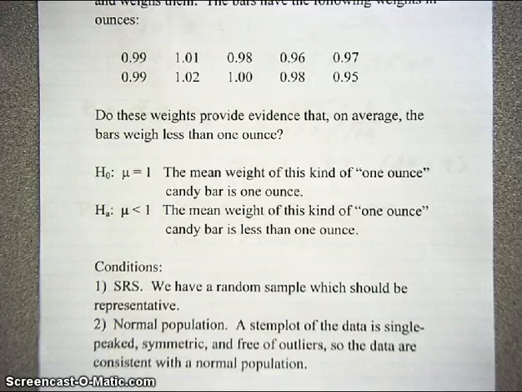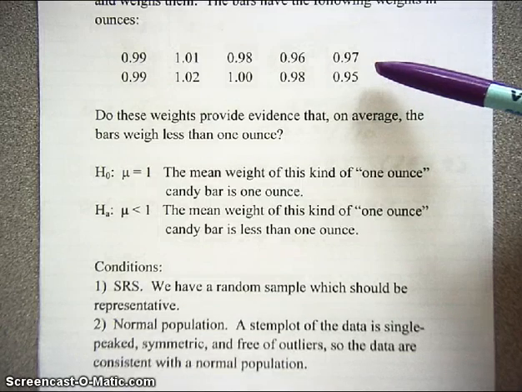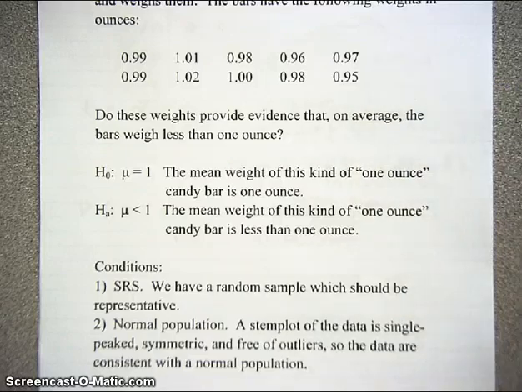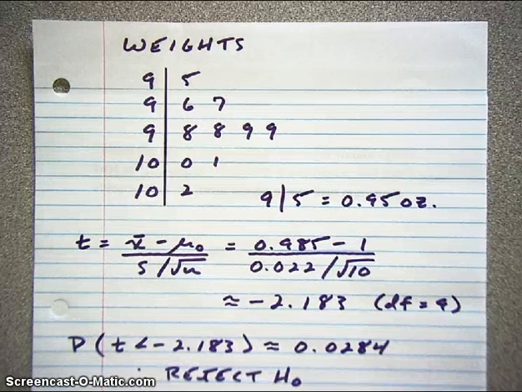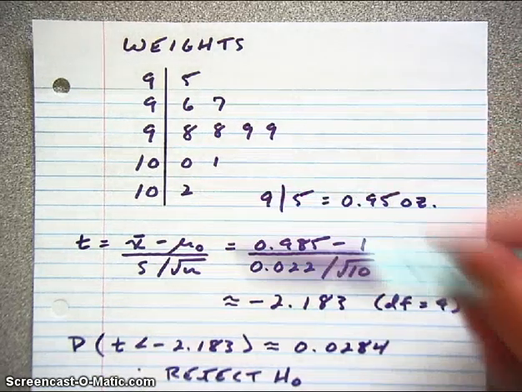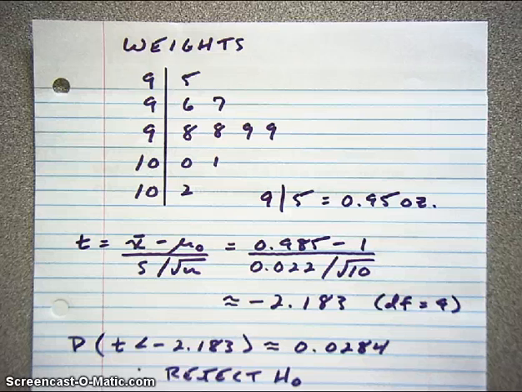Our second backup is to actually look at the data. You want to make a graph of the data and then see if the graph is consistent with the normal population. Well, here is the stem plot that I made of the data, of the weights. They range from 0.95 ounces to 1.02 ounces.